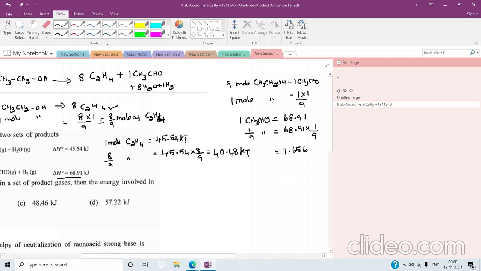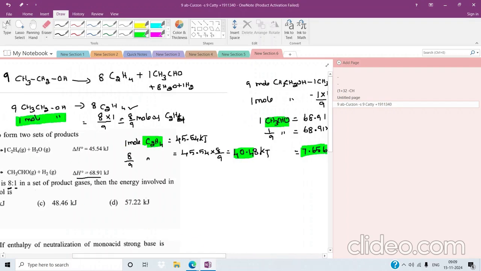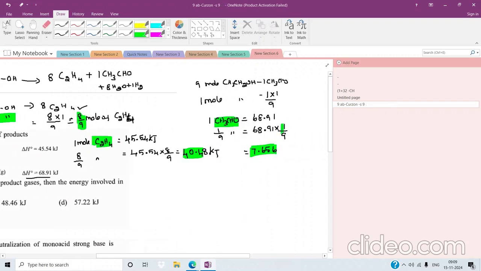This is for acetaldehyde, and the other energy is for C2H4 decomposition. So for all that, I have taken only 1 mole of ethanol, right? For 1 mole of ethanol, we are getting 8 by 9 of ethene and 1 by 9 of acetaldehyde respectively. So for that, I have calculated the energy.